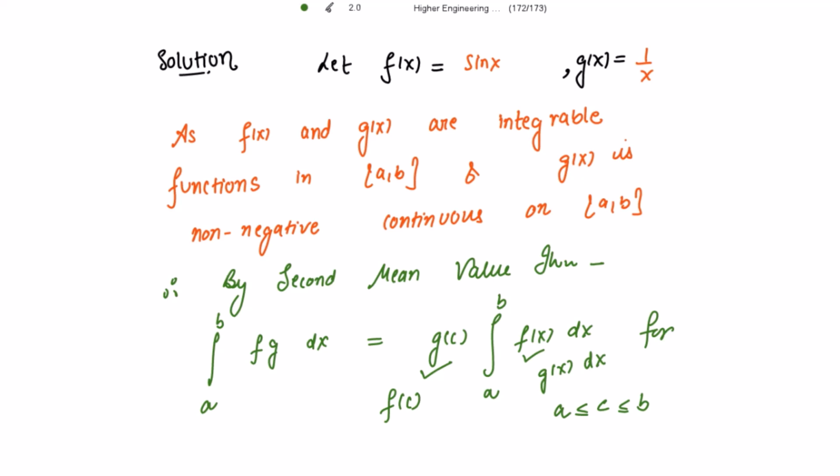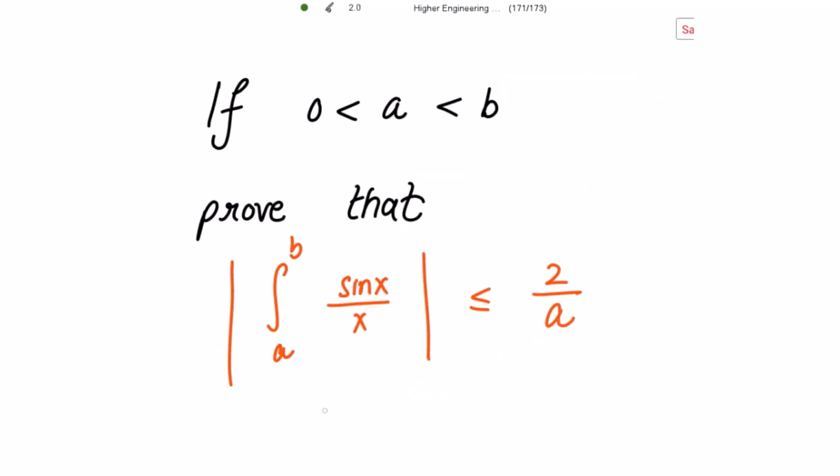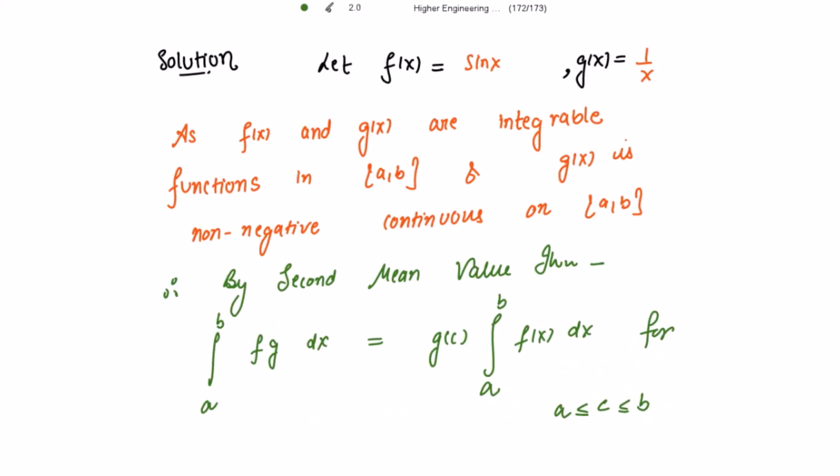So according to the requirement, we can take f(x) or g(x) inside the integral from these two functions. This is our choice, right? Because I need to prove that this mod is less than or equal to 2 divided by a. As I have taken g(x) to be equal to 1 by x, I know that if I put the value of any constant instead of x, I will be getting 1 by c or 1 by a, right? So that's why I'm preferring g(c) to be outside of this integral.